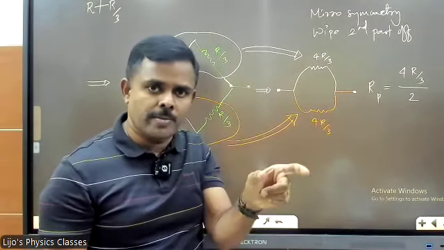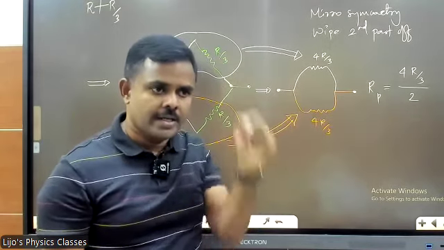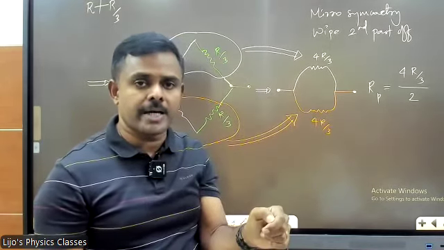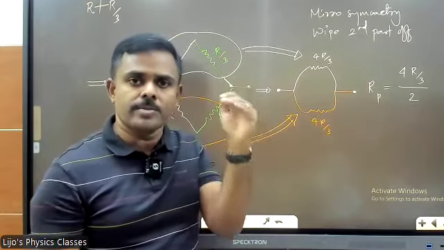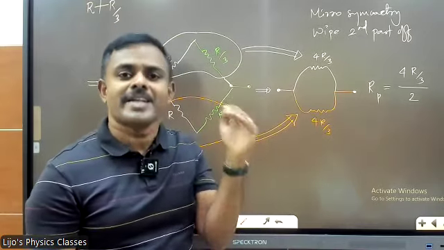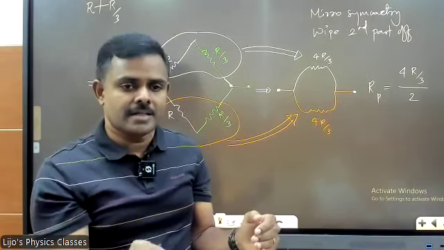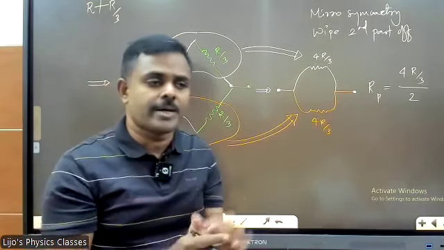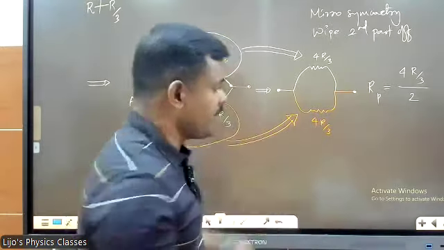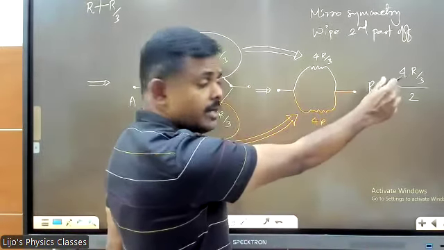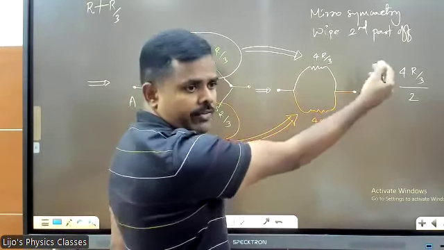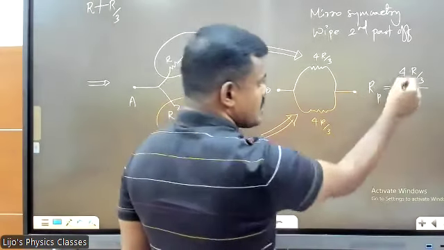Three, 10 by 3. Four, 10 by 4. Five, 10 by 5. Ten, 10 by 10. If identical resistors are connected in parallel, you can use that shortcut, okay? Value of one resistor divided by number of resistors.